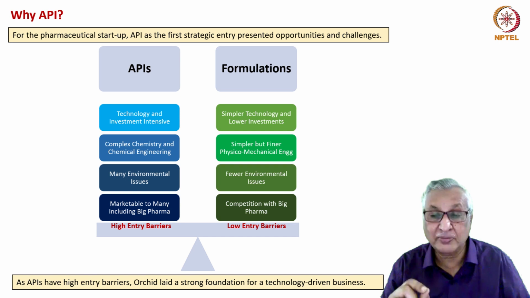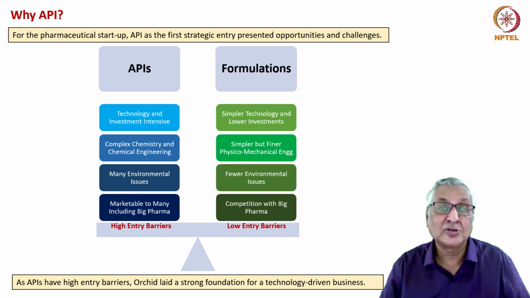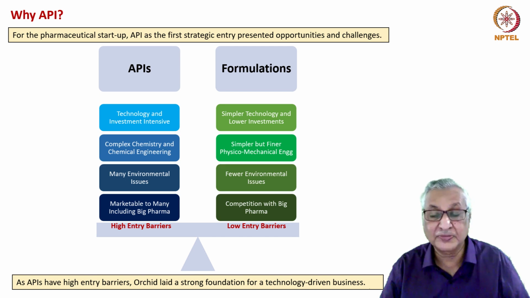So, coming back to the point, simpler but finer physico mechanical engineering, fewer environmental issues. Therefore, there would be that much scope for many companies to enter, even so for a startup. And the competition with big pharma would arise as opposed to lack of competition or non-competition or even collaboration in respect of the APIs. But the main differentiating factors between APIs and formulations is high entry barriers versus low entry barriers.